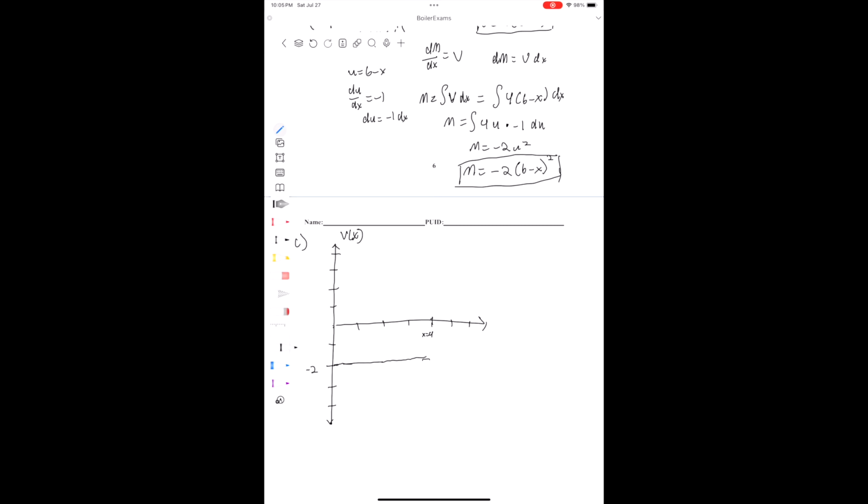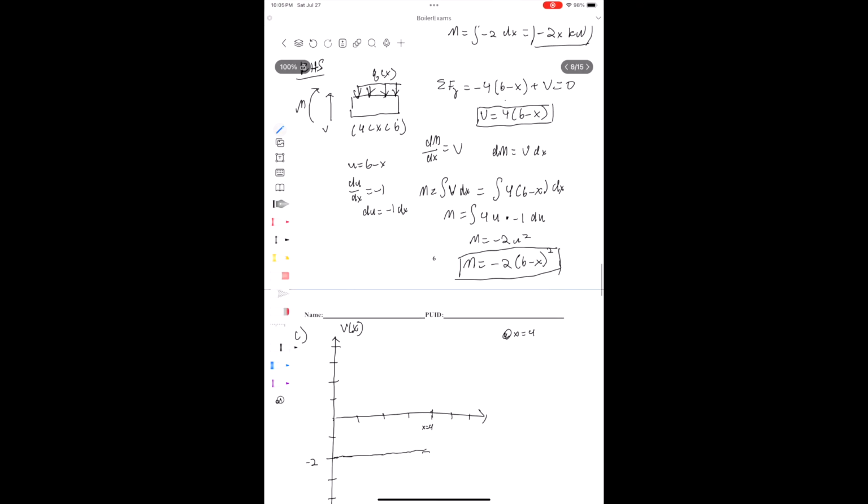And then at x equals 4, it switches, so 4 to 6 minus x, which is just 6 minus 4, so that's going to switch to +8.